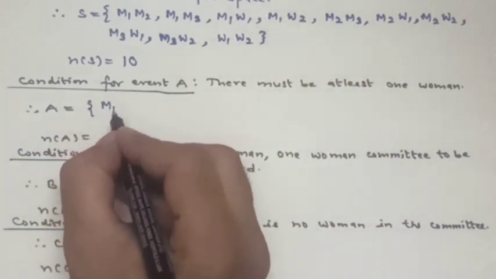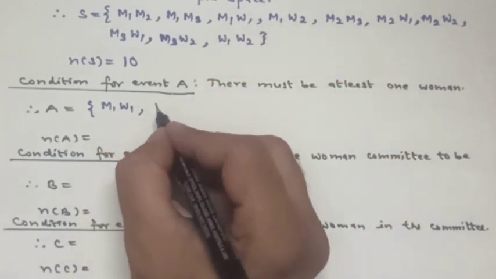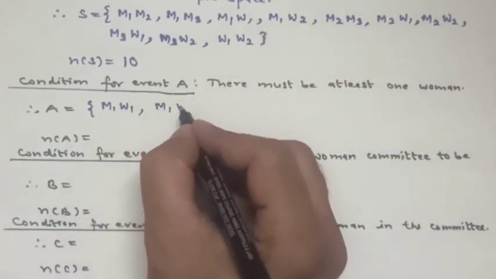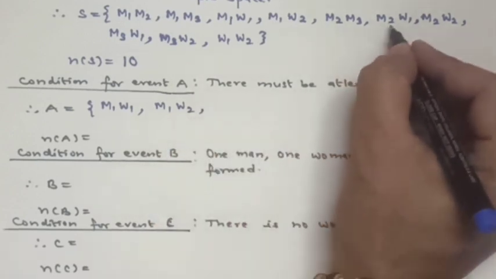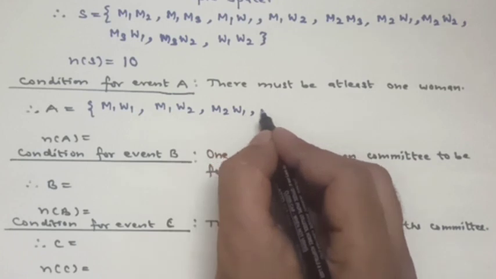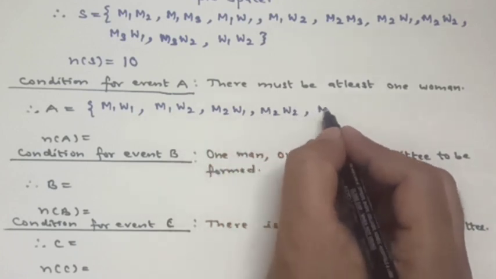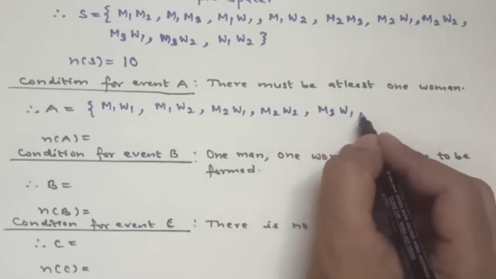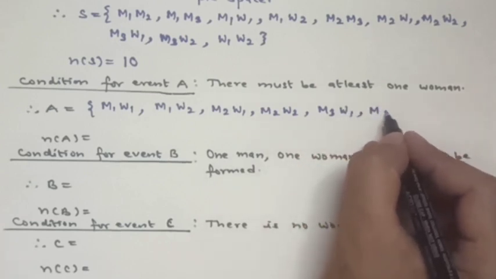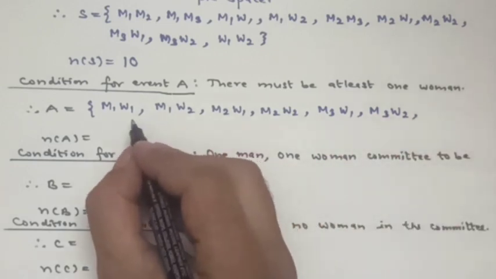Write down M1 W1, M1 W2, then M2 W1, M2 W2, then M3 W1, M3 W2. So these are all having one woman.